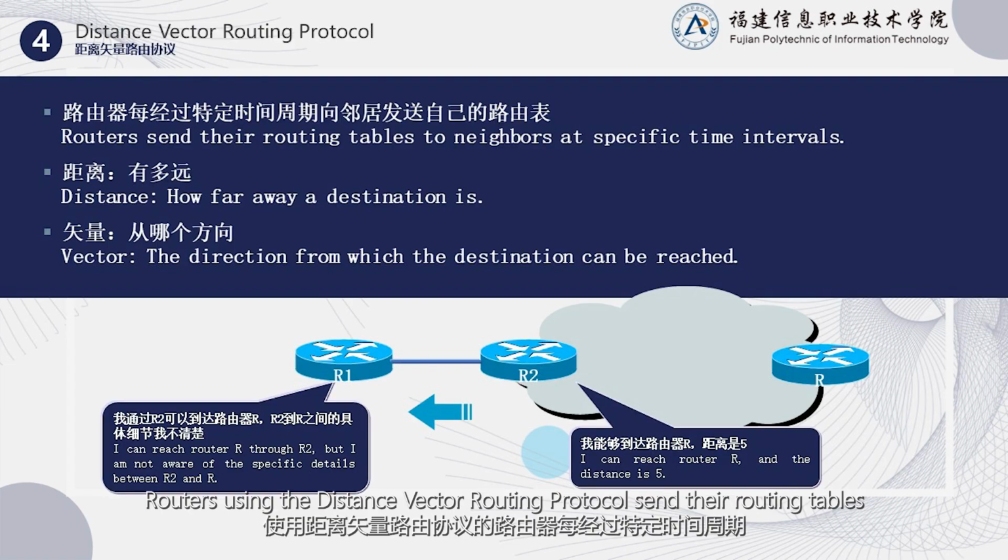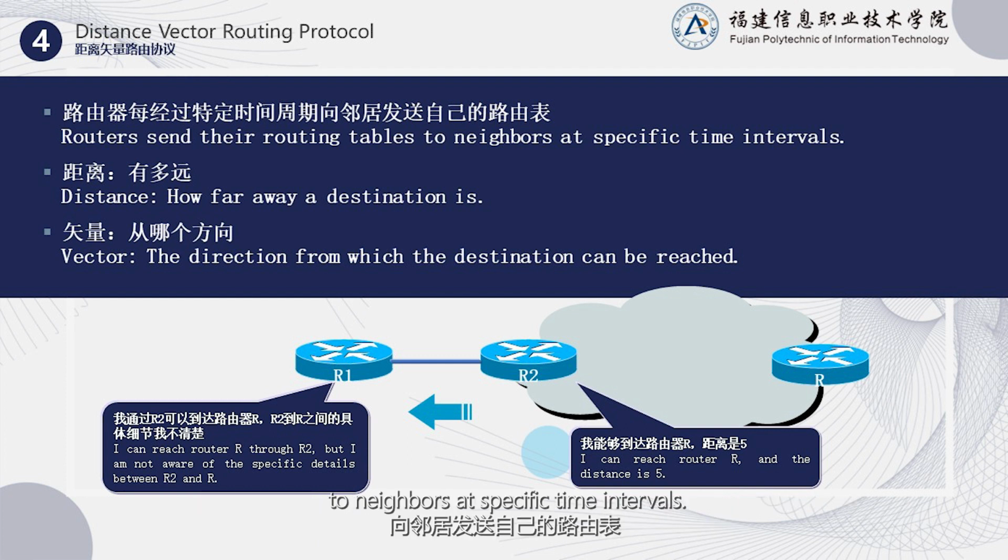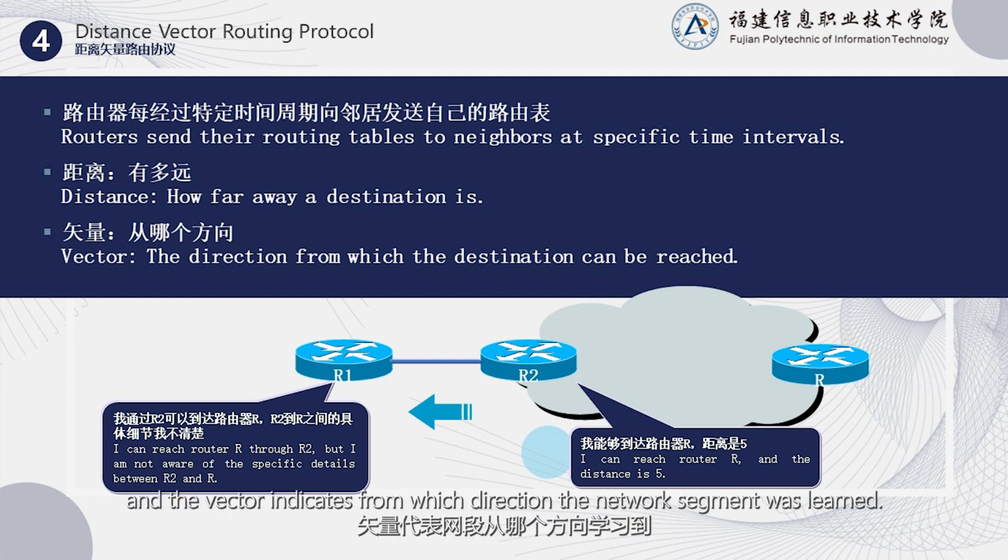Firstly, let's introduce the distance vector routing protocol. Routers using the distance vector routing protocol send their routing tables to neighbors at specific time intervals. The distance represents how far a network segment is, and the vector indicates from which direction the network segment was learned.